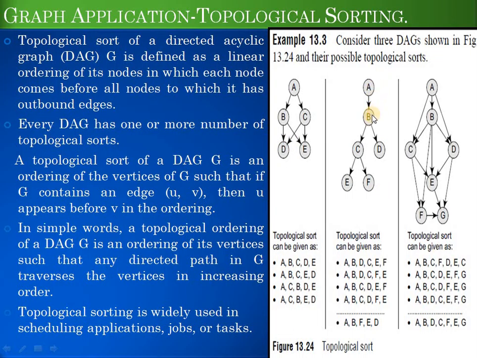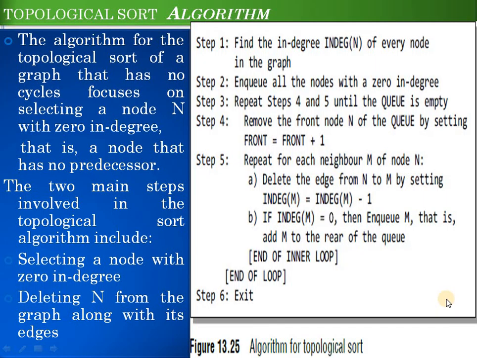For this, A to B, then B to C, then D, E, F. Then A to B, then D, C, E, F. Then A to B, D, C, F, E, and in another case E, F, like this. Then we have A to B, then C, then F, then E, D. Here we have the list.